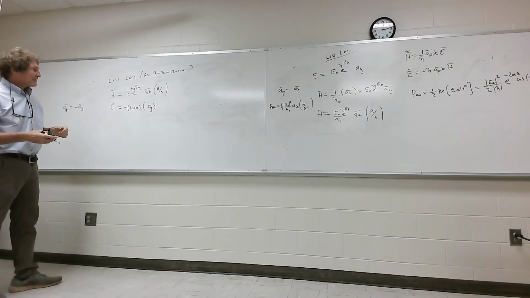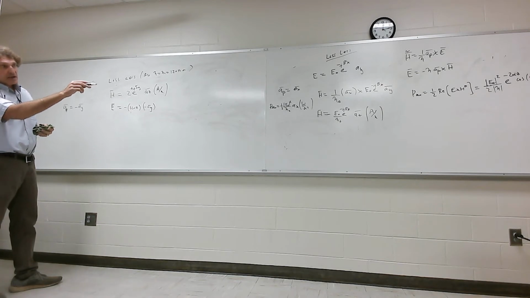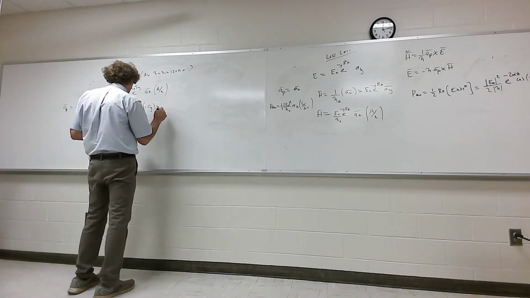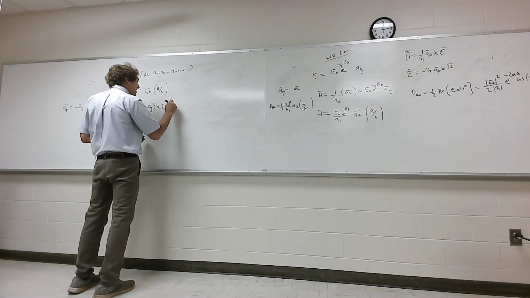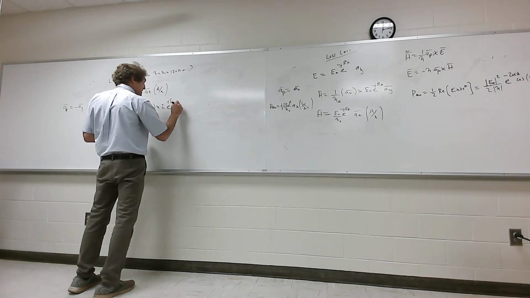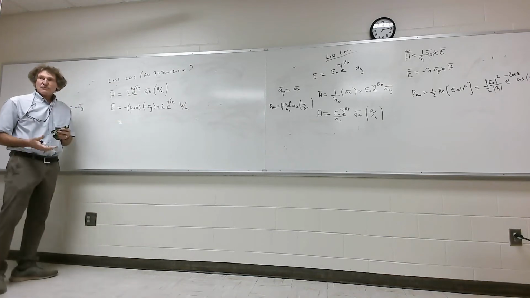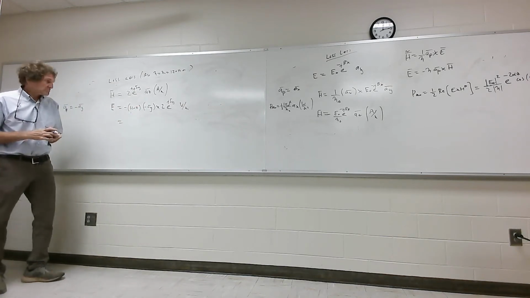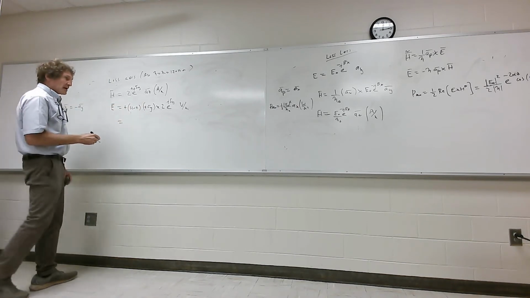And then, after that, what do I do? I take that, and I cross it into the H field, or 2 e to the j 5y, and this will be in volts per meter. So what does that come out to? If you take one look at this, you notice the negative signs get rid of themselves, so you don't have to worry about that. So now I have 2 times 120 pi.